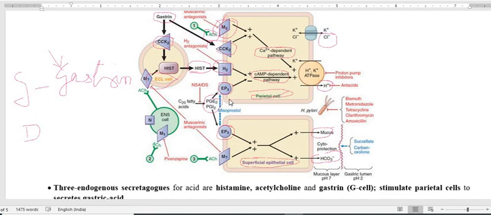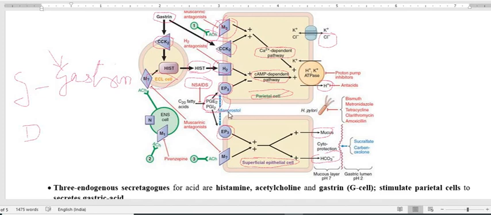As we know, non-steroidal anti-inflammatory drugs inhibit the synthesis of the autacoids prostaglandin E2 and prostaglandin I2.